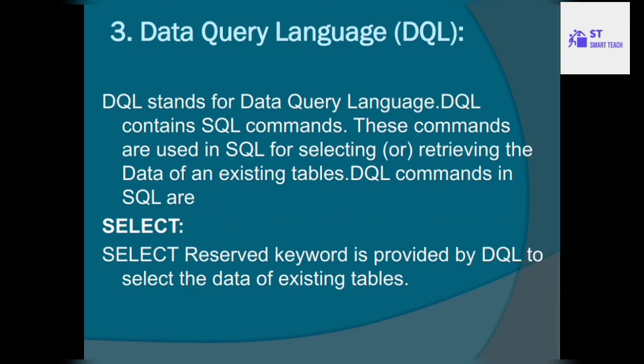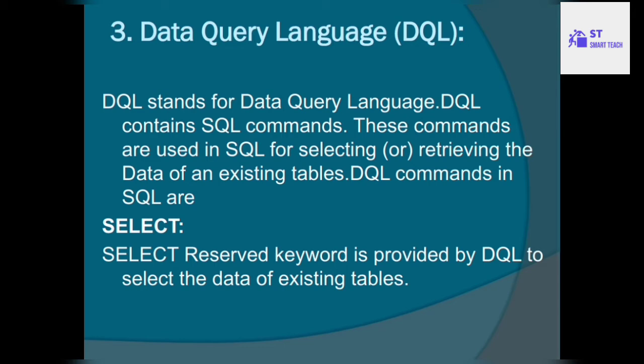Next, DQL, data query language. DQL stands for data query language. DQL contains SQL commands, and these commands are used for selecting or retrieving the data of an existing table. So here it has only one command, that is the select command.